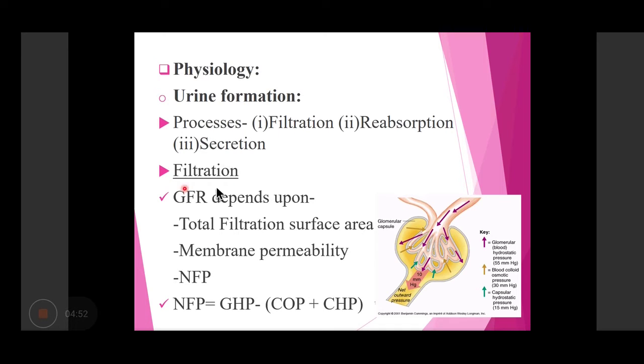This filtration is defined by something known as the glomerular filtration rate, which I'm sure again you must all be doing. This GFR in turn depends on the total filtration surface area. That is why all that convolution is there, so that there is increased surface area for filtration.